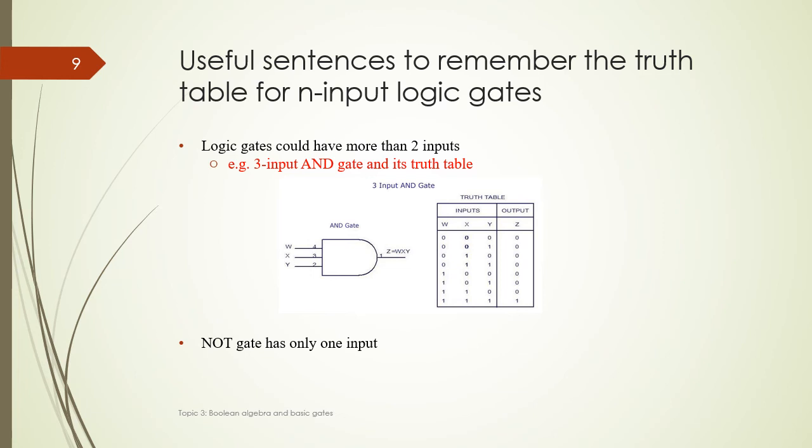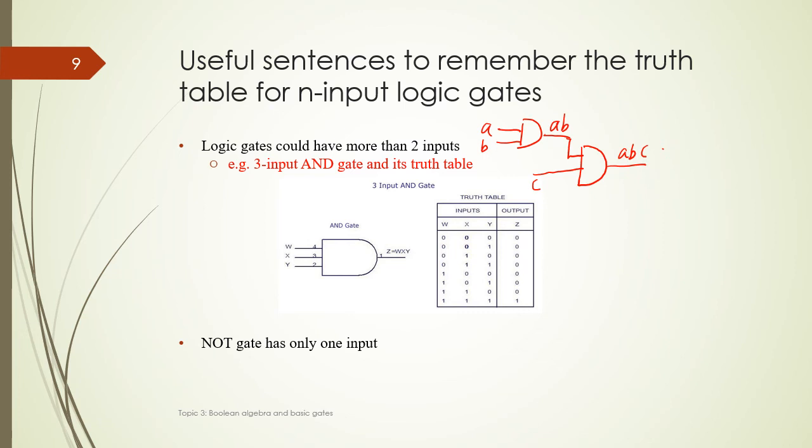For example, I can use 2 AND gates, say A, B, so the output is A and B, right? I can use 2 AND gates cascaded to make a 3 input AND gate. So A and B and C is equal to, right?